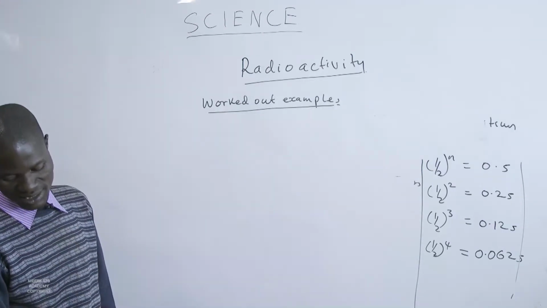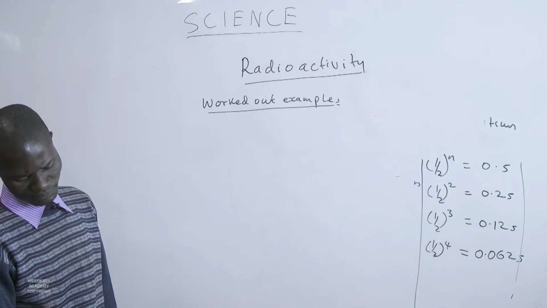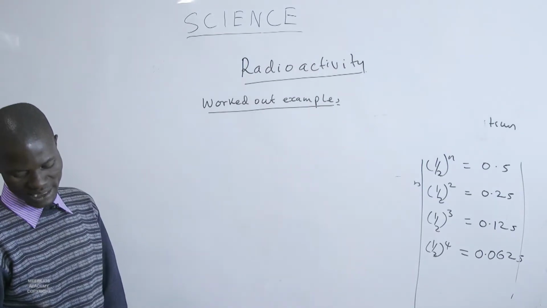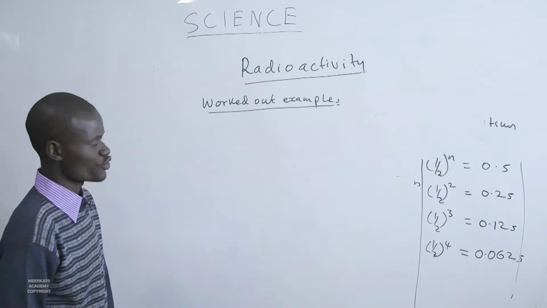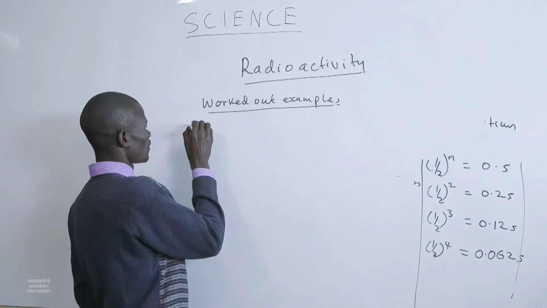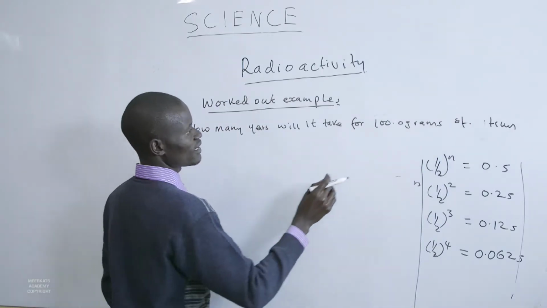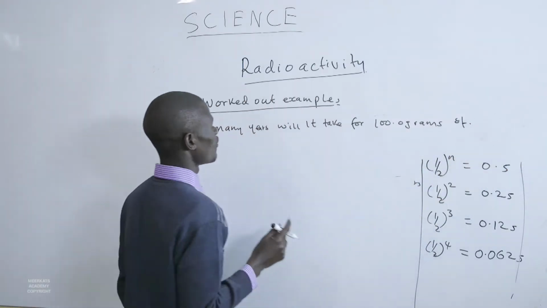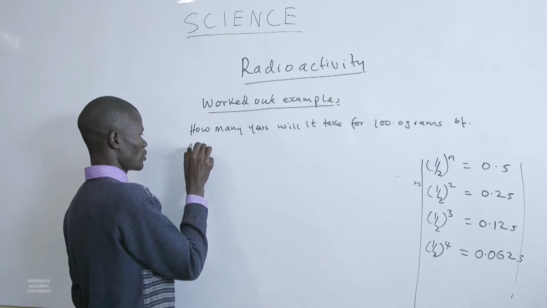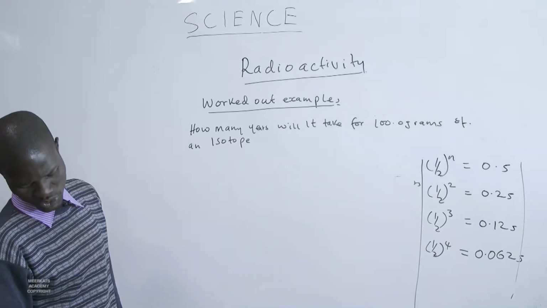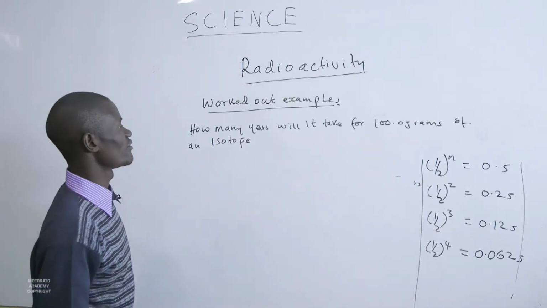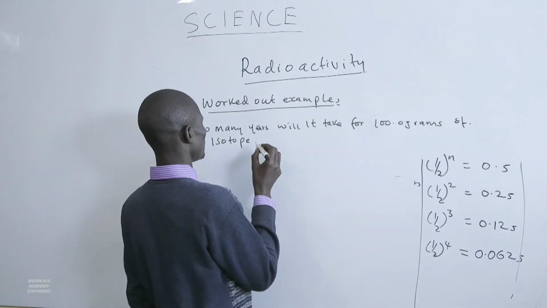How many years will it take for 100 grams of an isotope to reduce to 12.5 grams?